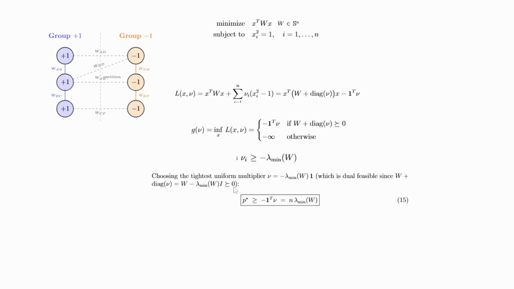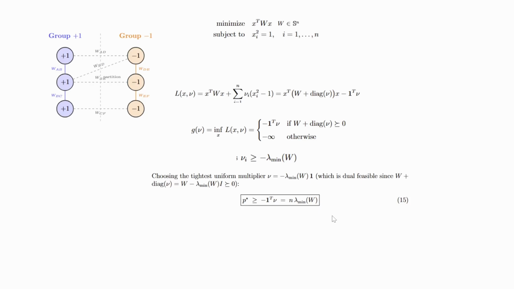So taking this value v, we see that the optimal value of the original problem, p star, is greater than or equal to -1 transpose v. So this gives us a lower bound of the optimal objective function. So note here, we've taken a problem with 2 to the n feasible points.